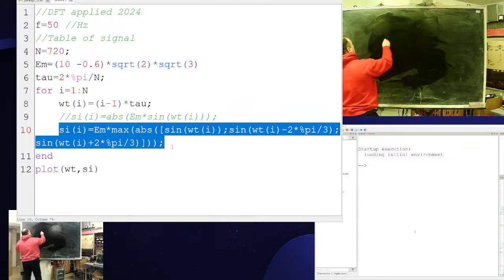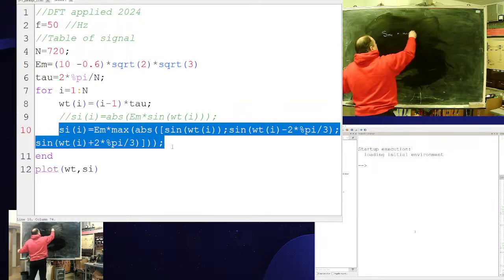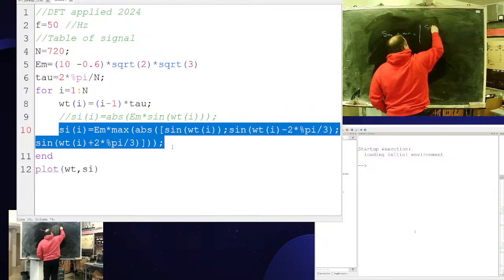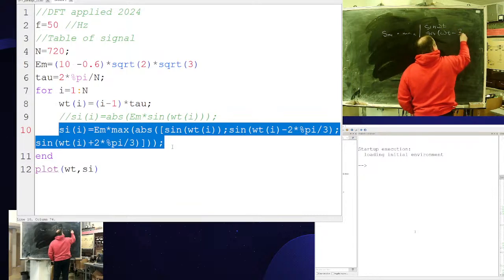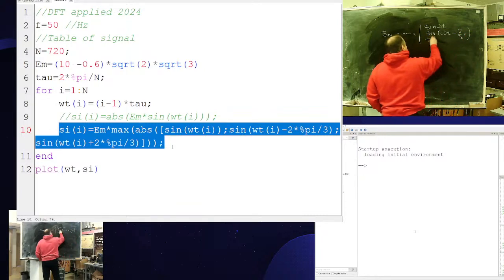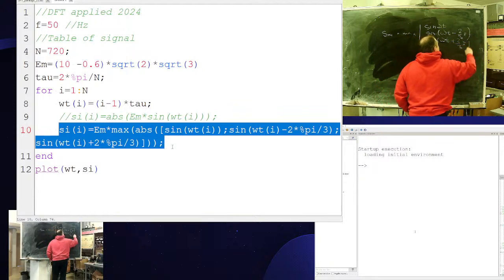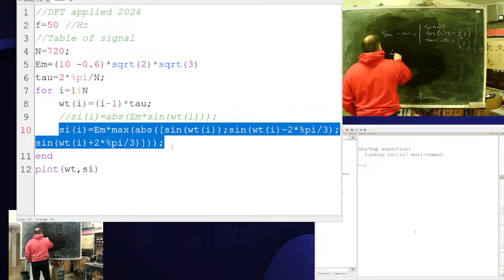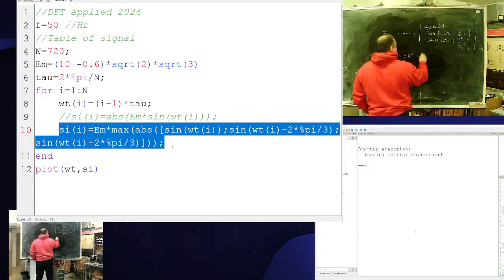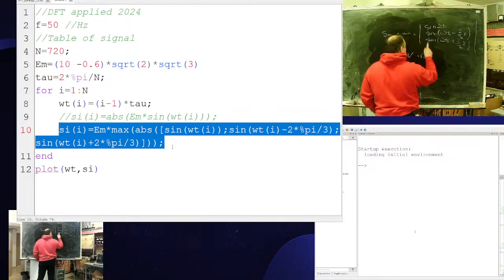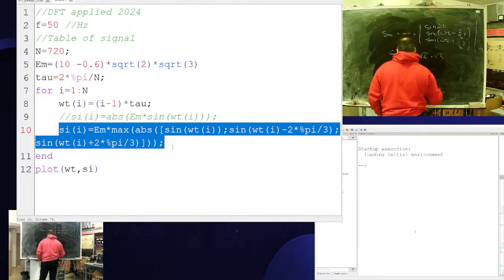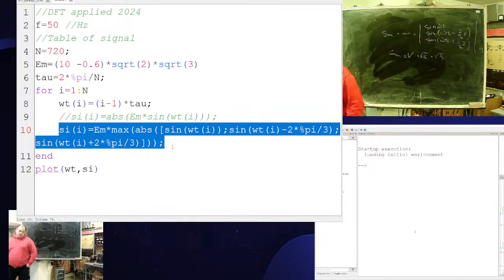I need to draw a table of Smax multiplied by the maximum of absolute values of sine omega t, sine of omega minus 2/3 pi, and sine of omega plus 2/3 pi, where Smax is my voltage multiplied by square root of 2 to get the max value, and square root of 3, because I measured phase voltage, not line to line.